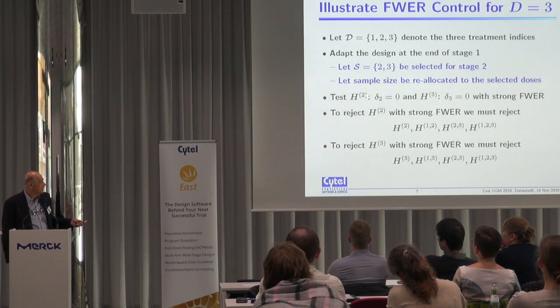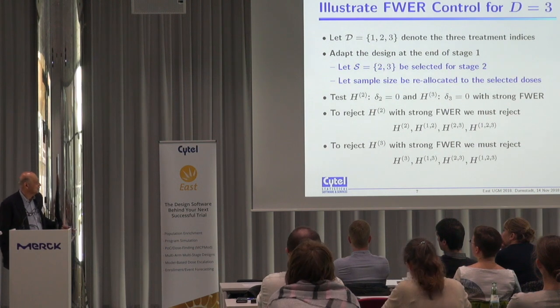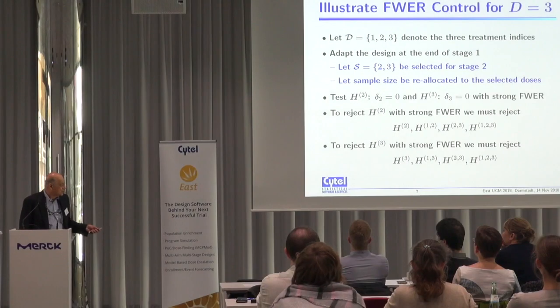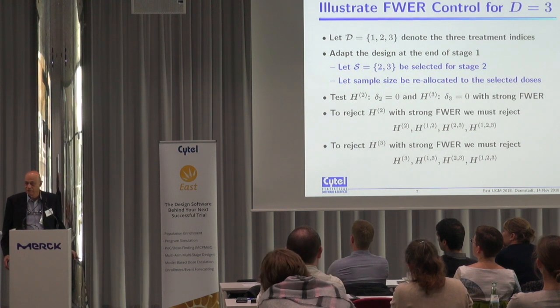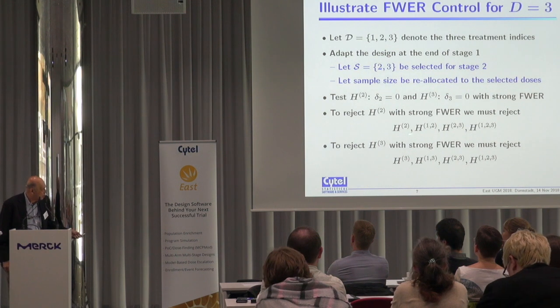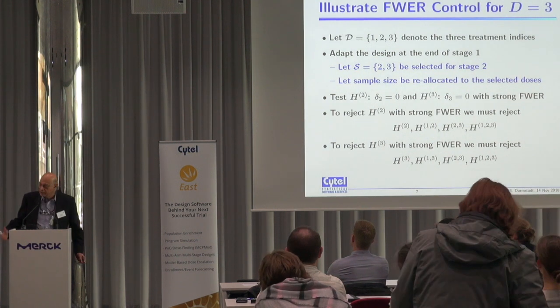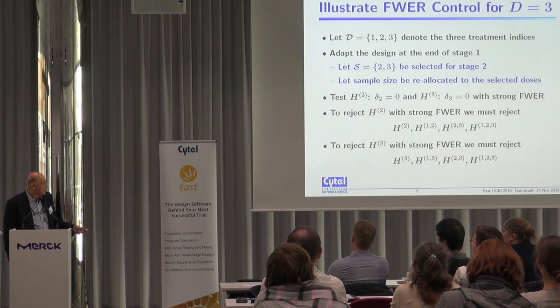Now, we can test them, but let's say we want to test H2. Then the closed testing principle requires that to reject H2 with strong control of type 1 error, you must not only reject it by itself with a valid level alpha test, we also reject it in combination with every other treatment that was in the trial that also intersects with it.